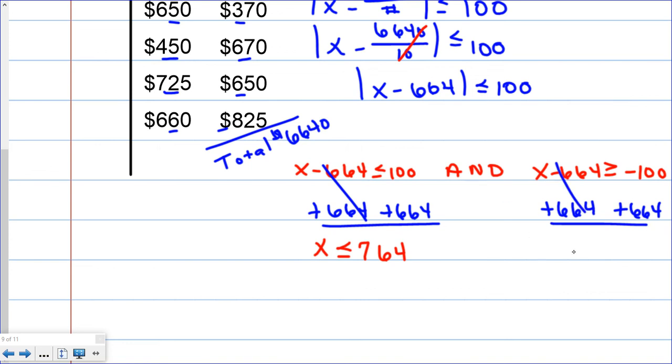On the other side, we are going to add 664 to both sides. And now x is greater than or equal to, well, that's negative 100 plus 664, so that's going to give us 564. If I put that together, there's an and there, so it would be written as 564 less than or equal to x less than or equal to 764, because it's an and, it's written together like this.